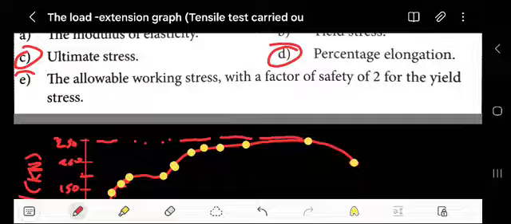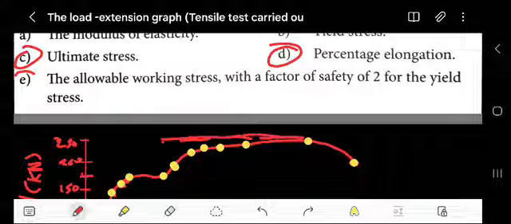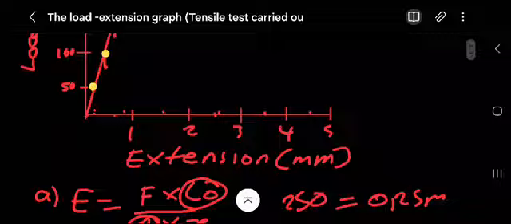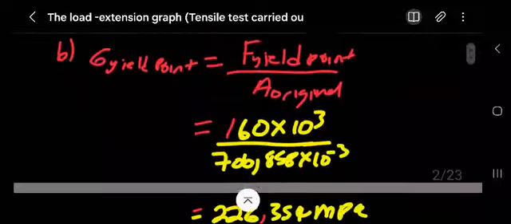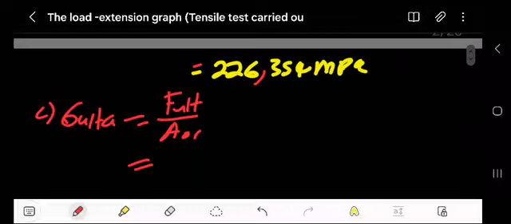Say 254 or 256, I don't know, 254 or 256, somewhere there.